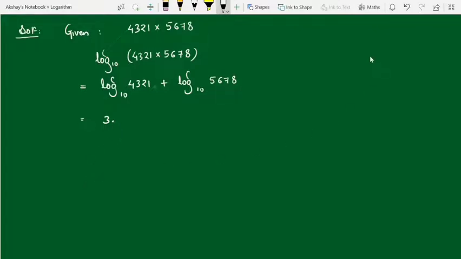Next, here our log table work basically. So how to read this? 43 under 2. What is the value you check? And in mean difference, you go for 1. And these two values should be added. So 43 under 2. Let me take the log table. 43 under 0, 1, 2.